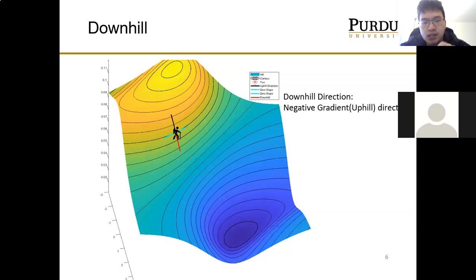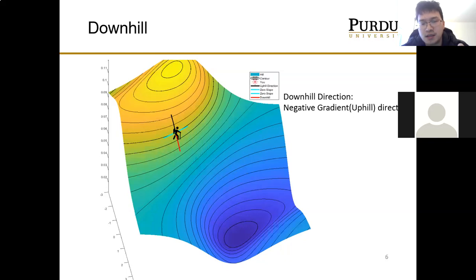If you walk along these two directions, there's no height change. You are walking on a very flat trail. That's something we don't want. We want a dramatic change of height, and that's what the red direction gives us.